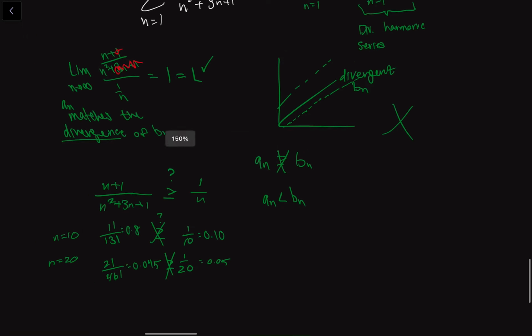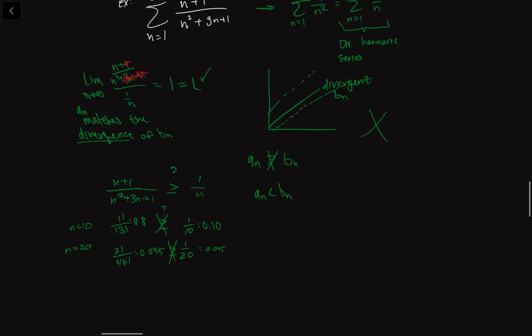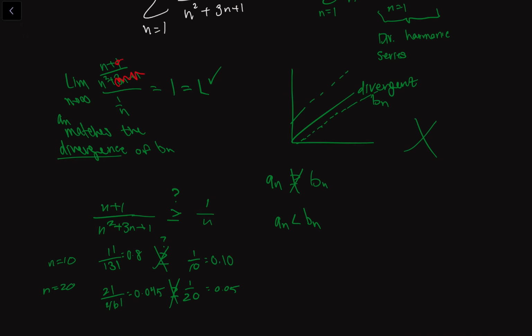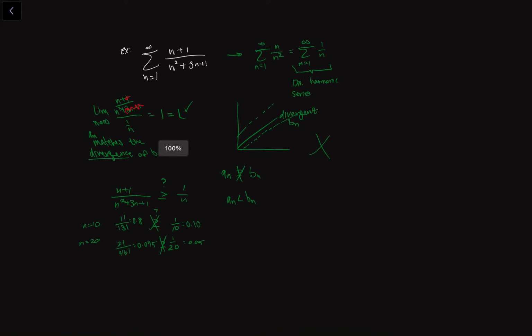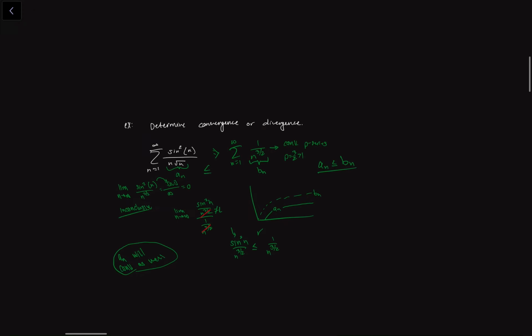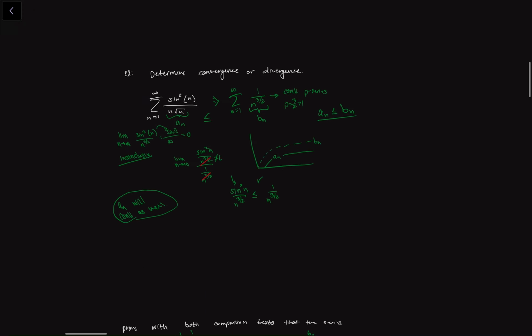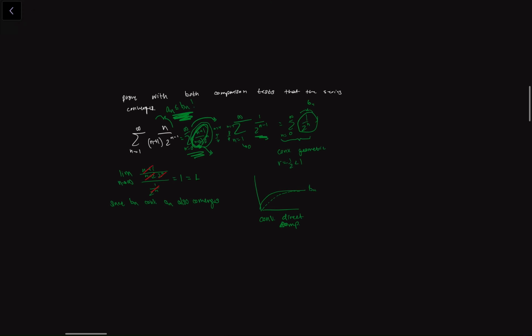So the direct comparison test failed in this problem, but with the limit comparison test, we proved the divergence. So that is how we use the limit comparison test and the direct comparison test to determine the convergence or divergence of infinite series.